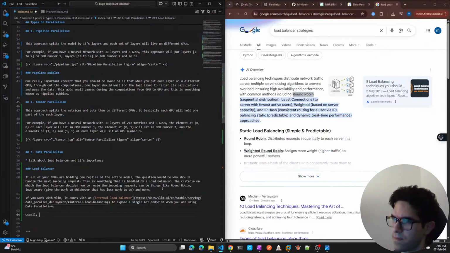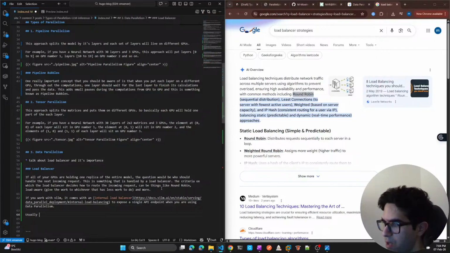Usually, in general, if you have a GPU and everything fits on that GPU, you are good to go only having that GPU, and everything would be fine.